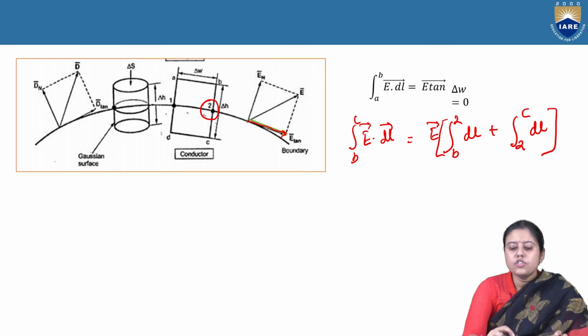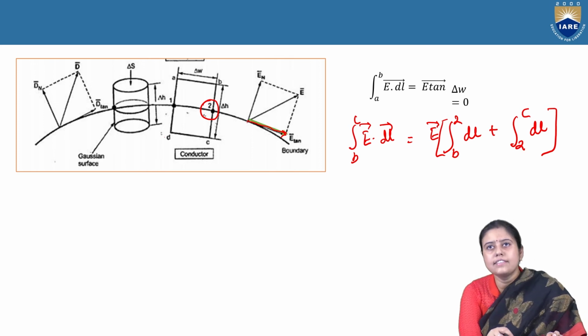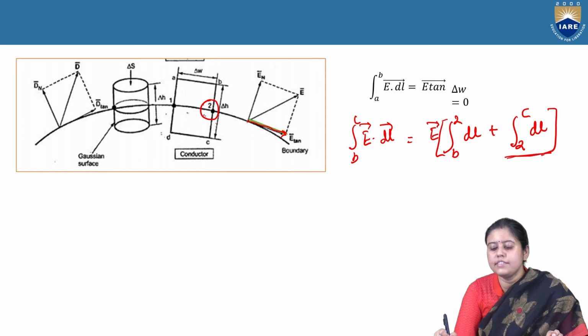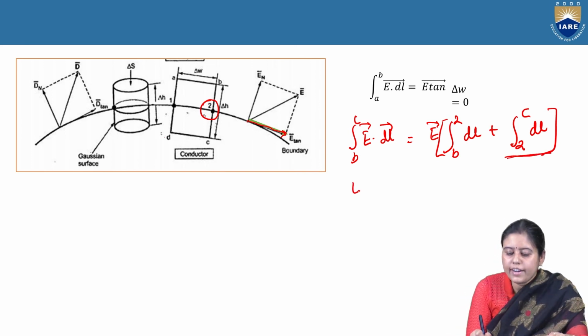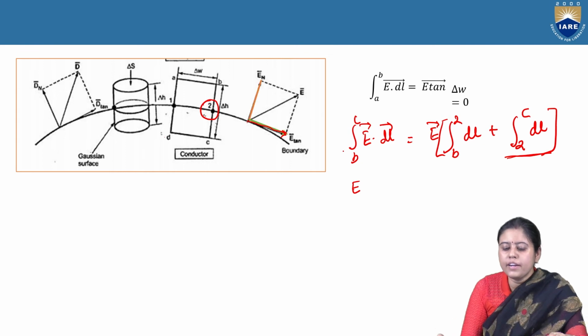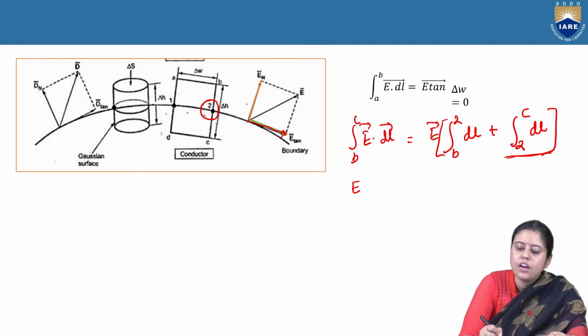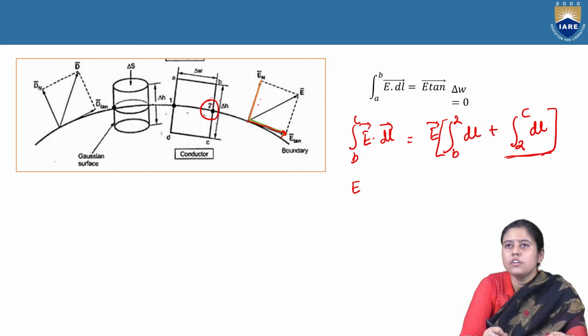Now, this 2 to C is again inside the conductor, so the intensity is 0 here. And which component is this? This is the normal component. You can see it is parallel to the normal component, the orange one.